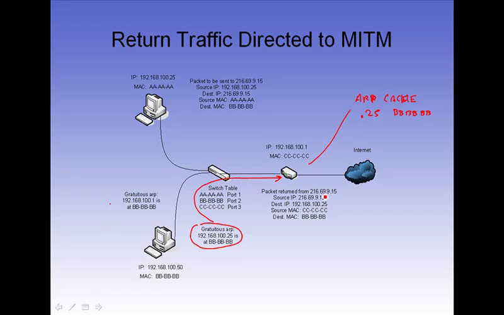When the destination traffic comes back from the internet, in this case the 9.15 machine, notice the destination IP is to the .25 machine. The router is going to look up in its ARP cache and find an entry for .25, that being BBBBBB, and it's going to properly, well, not properly, but it's going to address the packet with BBBBBB.